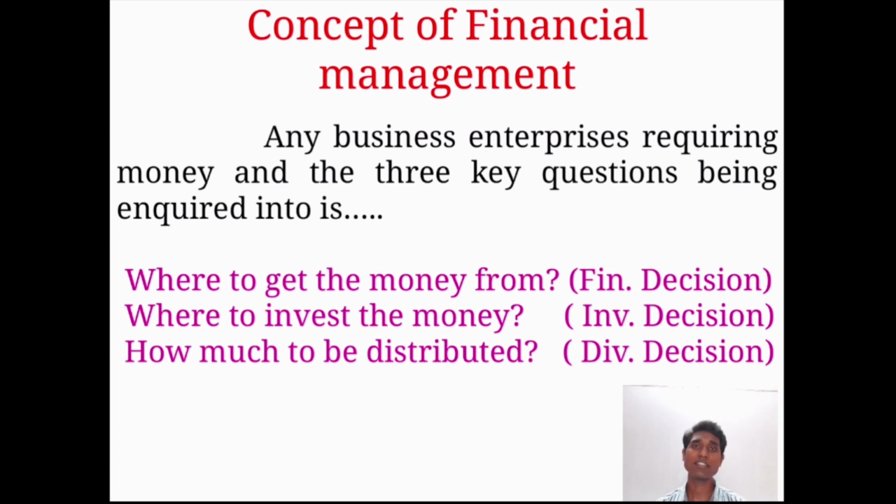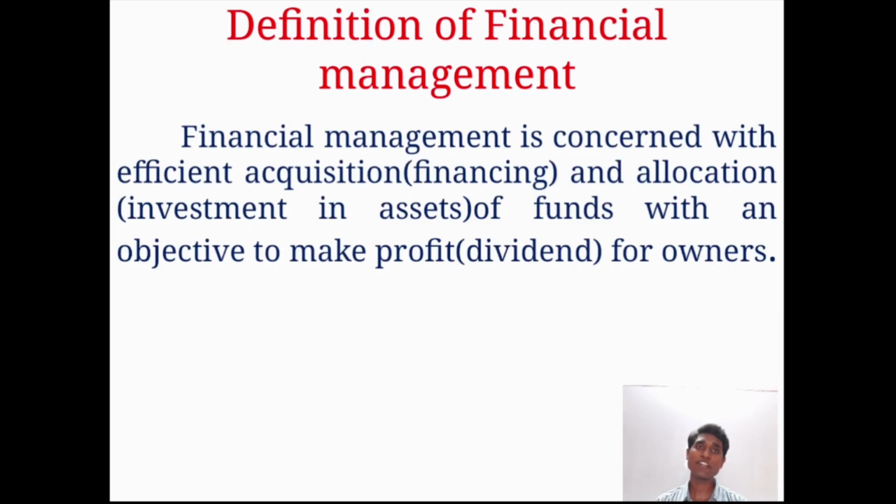Now, after understanding these three key questions, let us understand the definition of financial management with the help of these three questions. So, financial management is concerned with efficient acquisition, that is financing, and allocation, investment in assets, of funds with an objective to make profit, that is dividend for share owners.